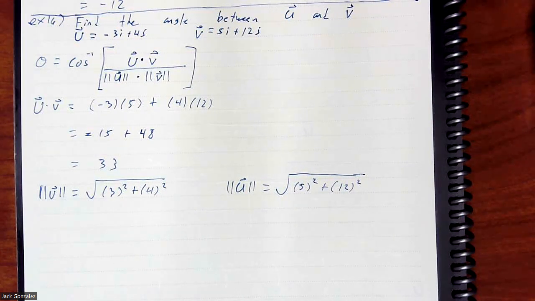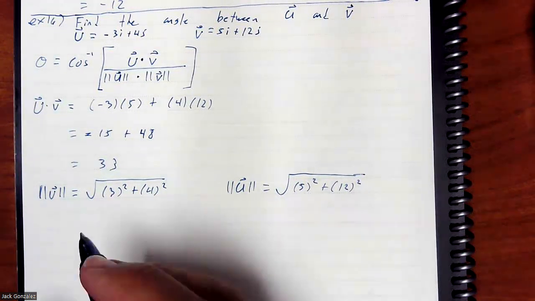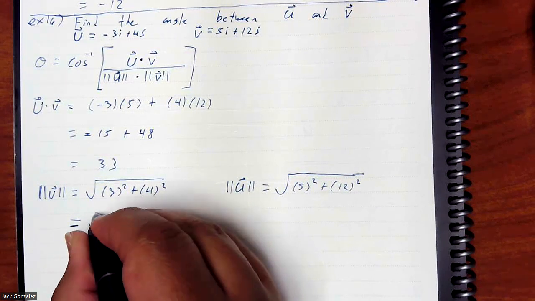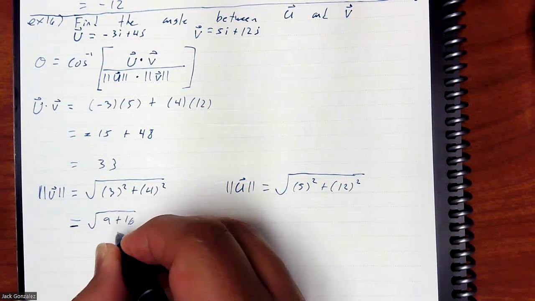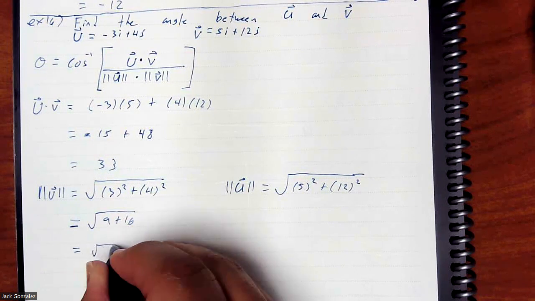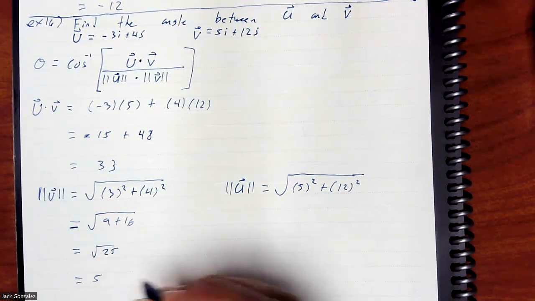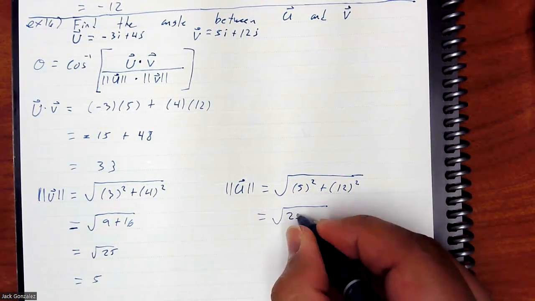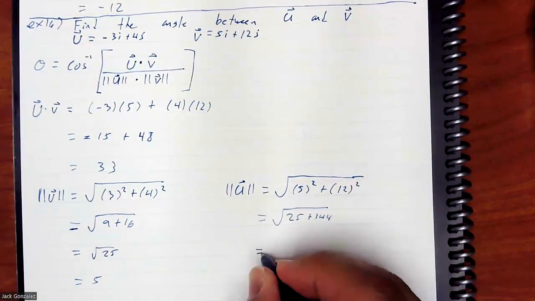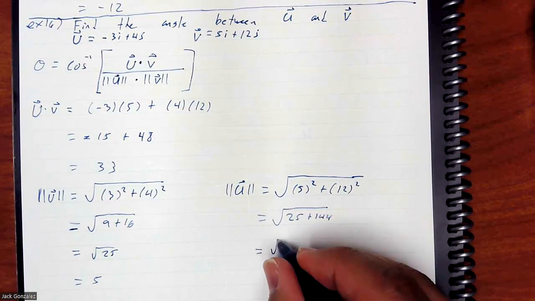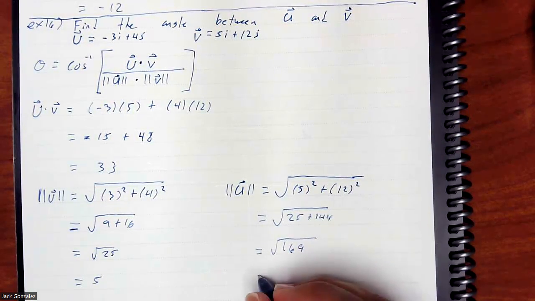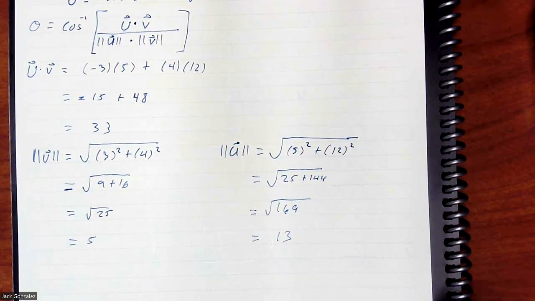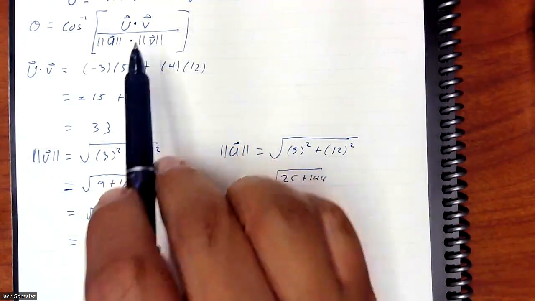Then these both happen to be magical triangle types. So on the bottom, you'll have 5 times 13 inside the formula.